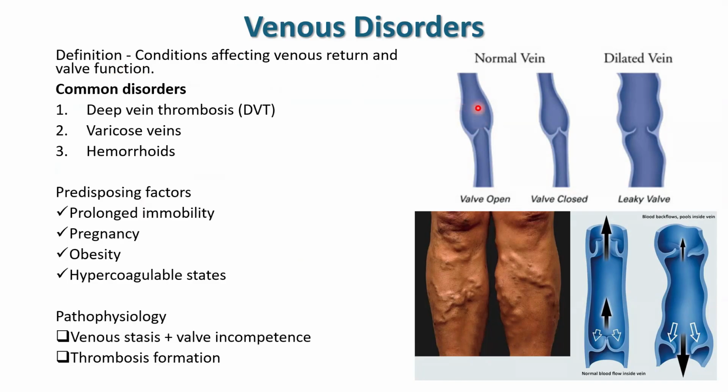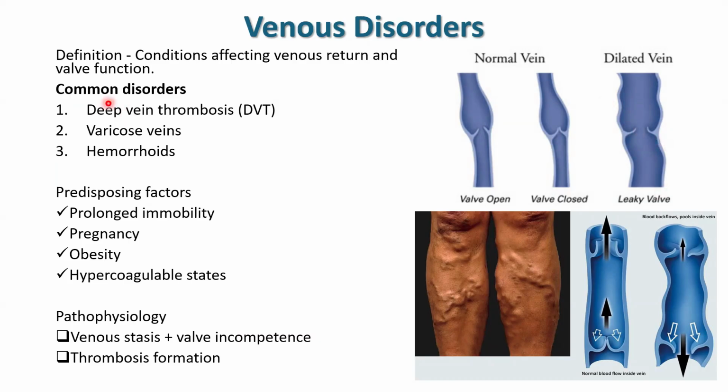A normal valve has one open and one closed. In a dilated valve, we can see it as an open valve, so the valve can't close.